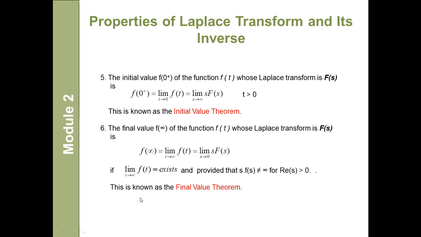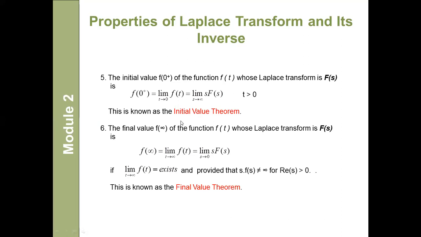Let's say, for example, you're given a function of s and there's a need for you to determine the function of t and substitute the corresponding value of t, which is 0 for initial value, and infinity for final value, to determine the value of the function.